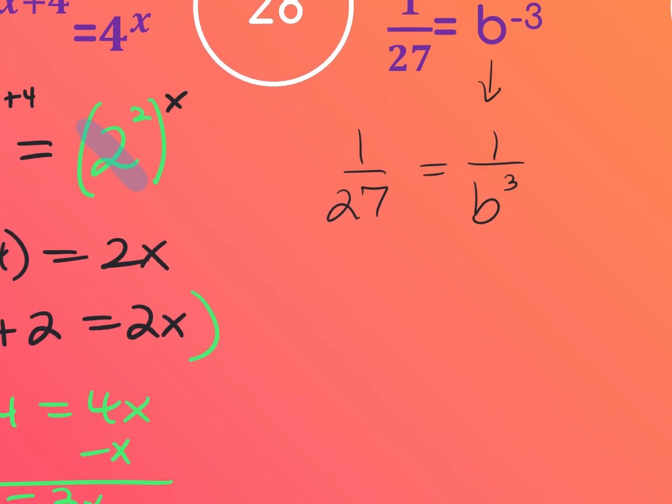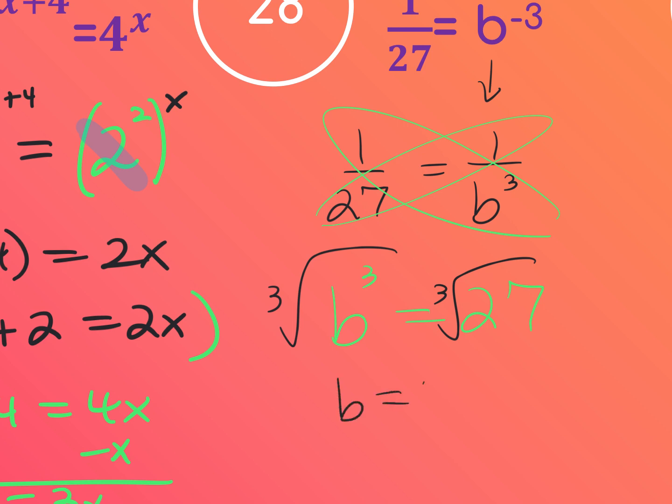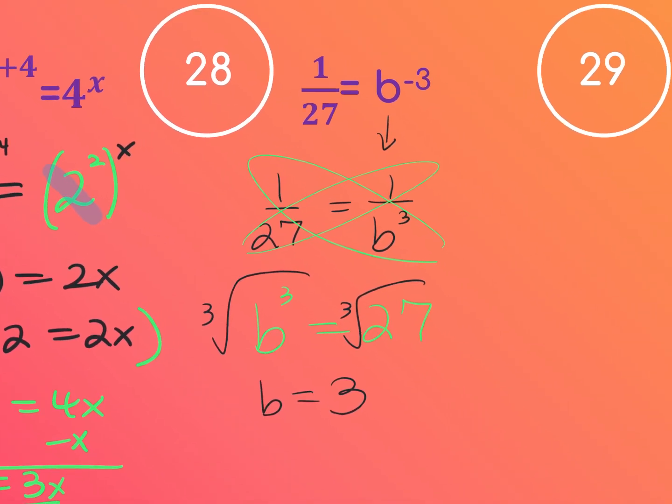So I'll cross multiply. I'll do 1 times b to the 3rd and then 1 times 27. And I end up with b to the 3rd equals 27. I need to cube root both sides. And b equals 3. Again, what we did at the beginning of the year.